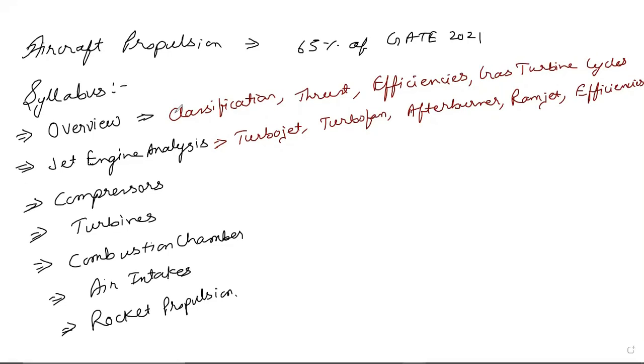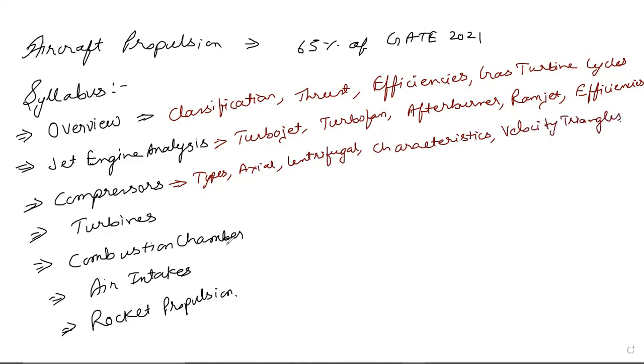In compressor, we will mostly see types of compressor like axial and centrifugal. Then we will see their characteristics. Then I will also be telling the velocity triangles.